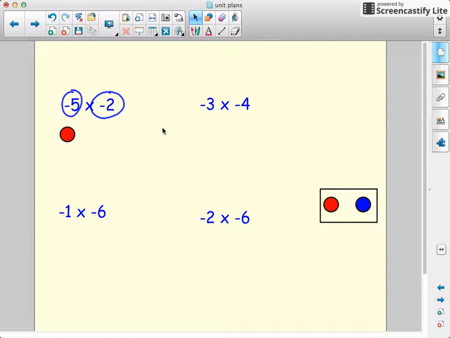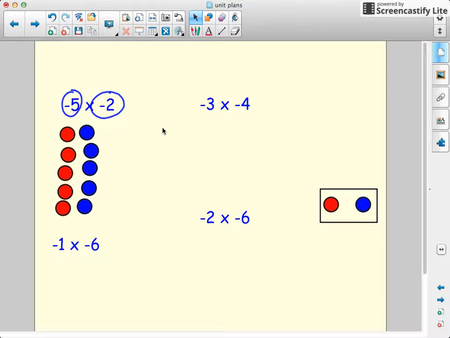Okay, so 5 groups of -2. So in order to remove those 5 groups, I have to have 5 groups in total. So far I don't have 5 groups of -2 in each.